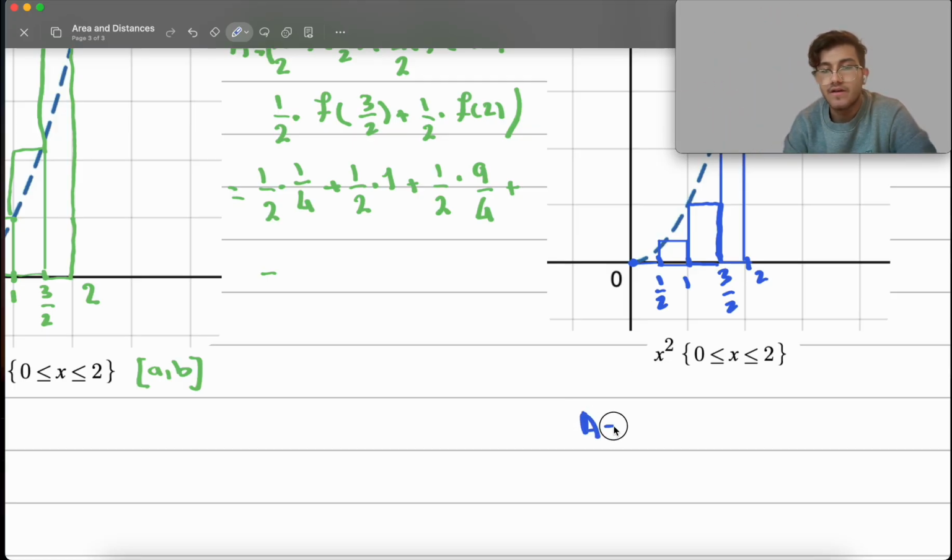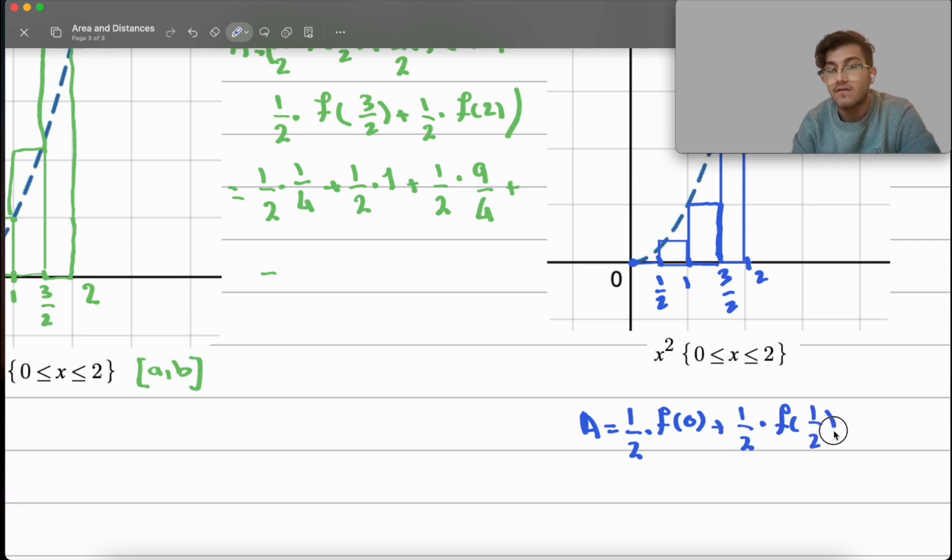So the area is going to be 0 times f of 0, not 0 actually, sorry. It should be width, which is 1/2. 1/2 times f of 0 plus 1/2 times f of 1/2 plus 1/2 times f of 1 plus 1/2 times f of 3 over 2.